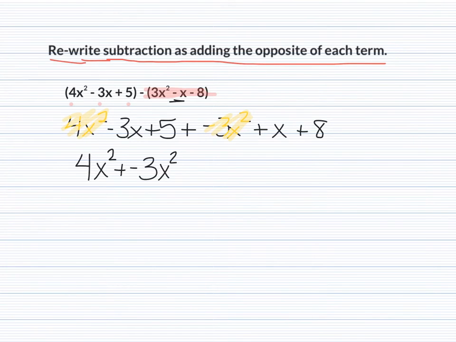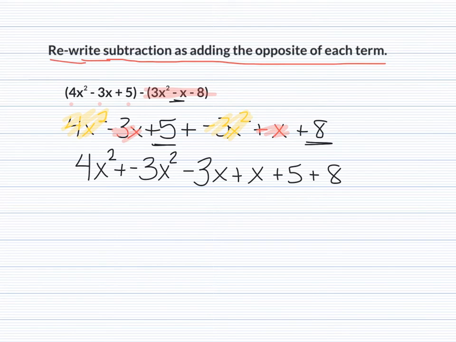Okay, I see a negative 3x and an x. Those are like terms. So I've got minus 3x plus x. Okay, and finally this 8 and 5. So plus 5 plus 8.